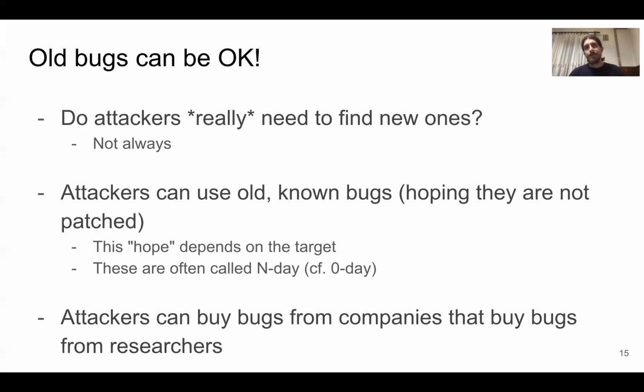N-day means that this bug was disclosed n days, or n months, or whatever ago, but has not been fixed yet, and so I can use this n-day to exploit the system. So long story short, depending on the situation, an attacker may use old bugs that somebody has discovered.